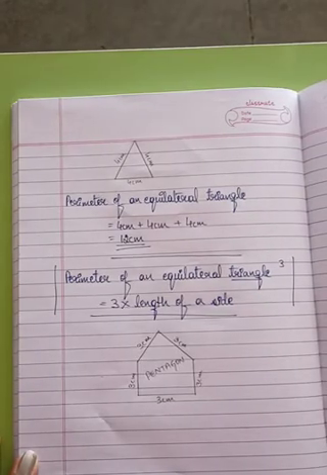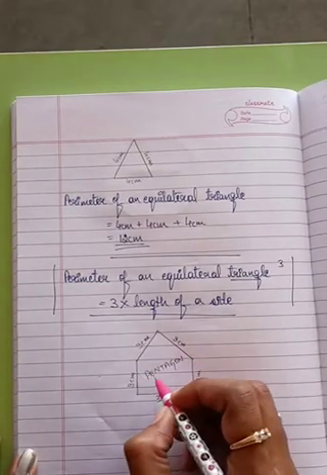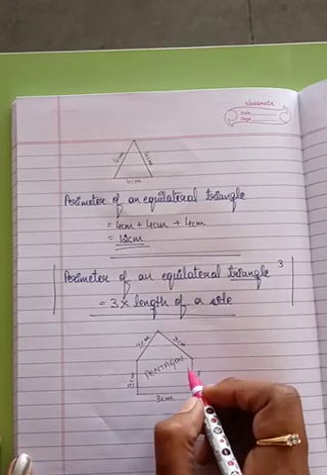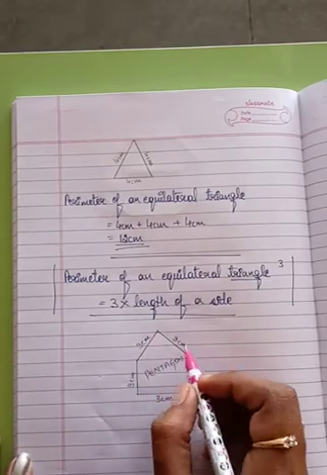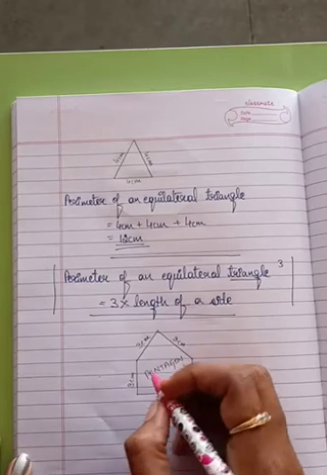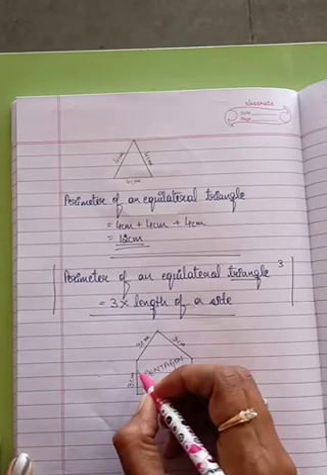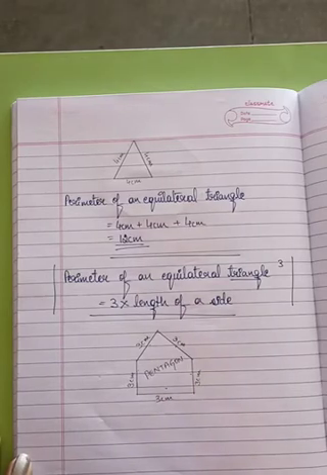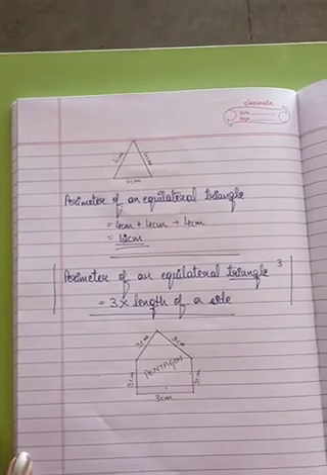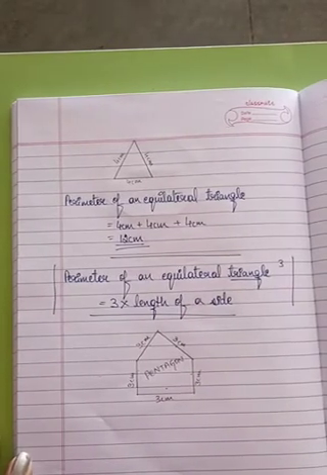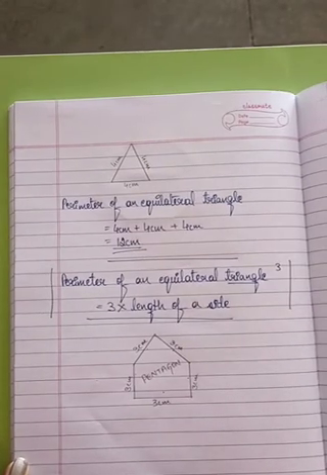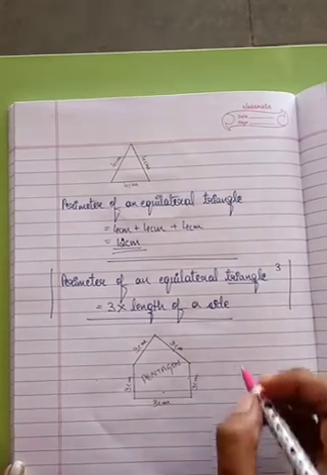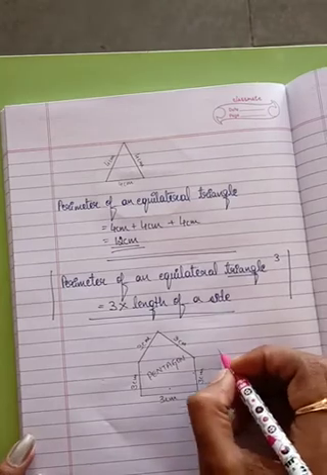Now let us find out the perimeter of a pentagon. Pentagon means any closed figure having 5 sides. Now let us count the number of sides: 1, 2, 3, 4 and 5. So for this we need to find out what is the perimeter. For that, let us start adding the sides here.